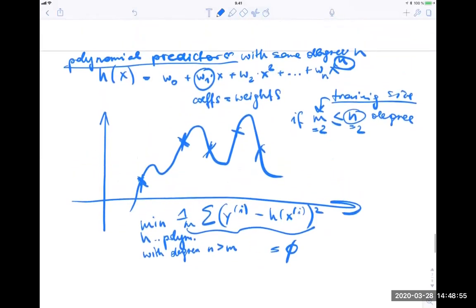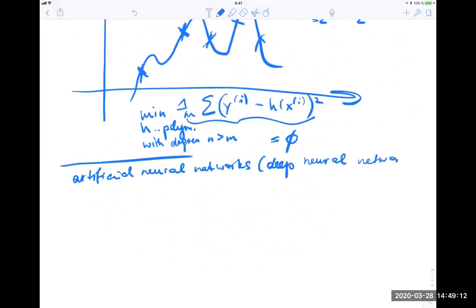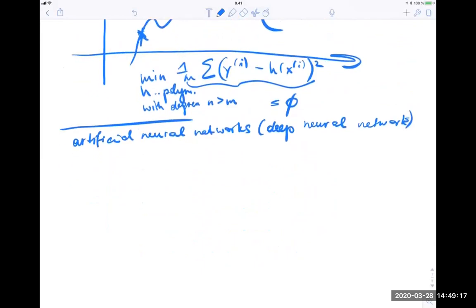So another example for hypothesis space is given by artificial neural networks, which contain as a special class deep neural networks. So deep learning is based on a particular choice for the hypothesis space. And in deep learning, what we do, we start with the feature, and then we use a flowchart representation of simple computations.